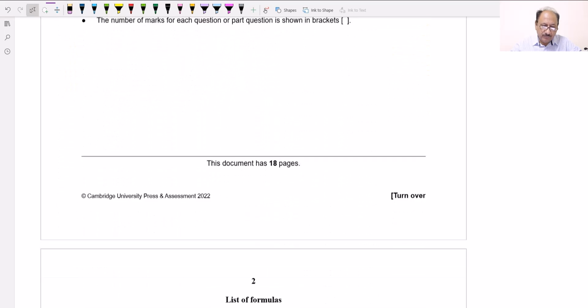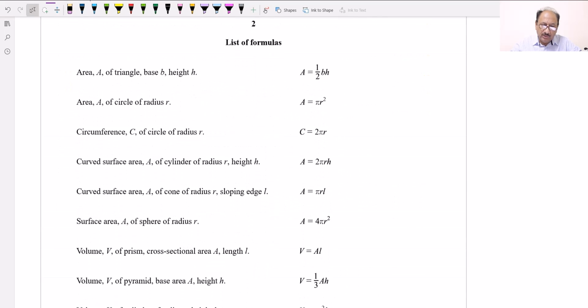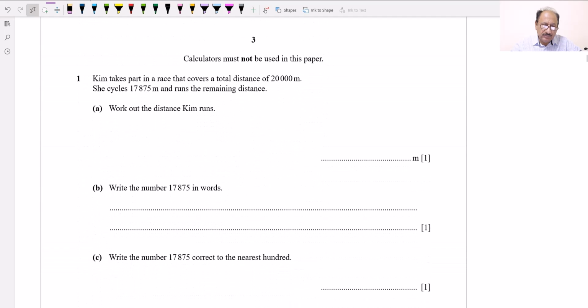That's the short video. Now this is the formula list which is inserted, and question number 1 is this one. Before this they have given this instruction: calculators must not be used in this paper. Question 1: Kim takes part in a race that covers a total distance of this many meters.